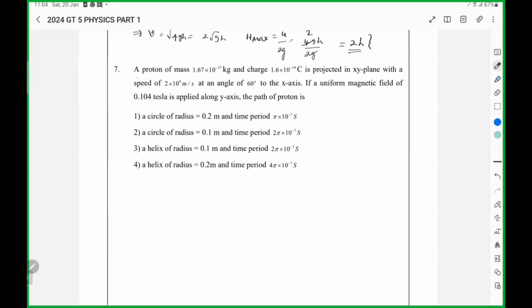So here, a proton of mass and charge is projected in the xy plane. It is not moving either in the x-axis or in the y-axis. It is moving in the xy plane. A uniform magnetic field is applied along the y-axis.